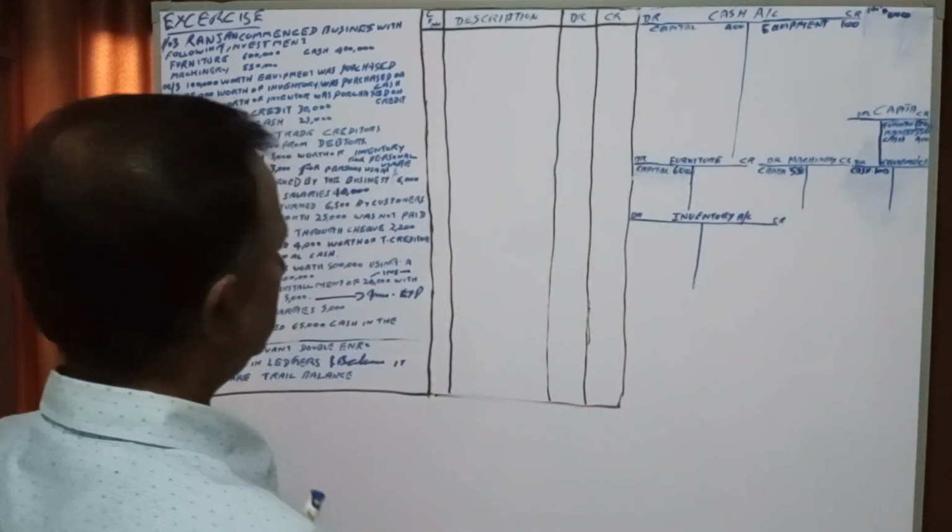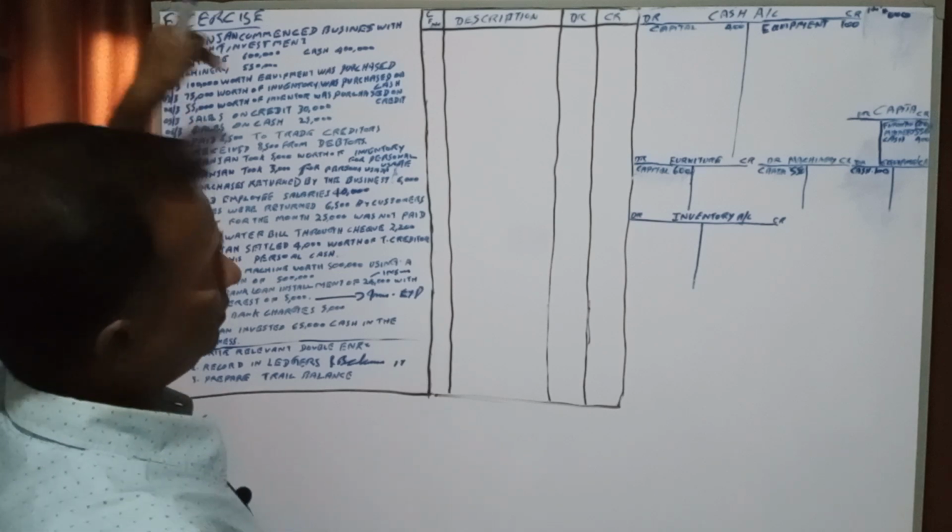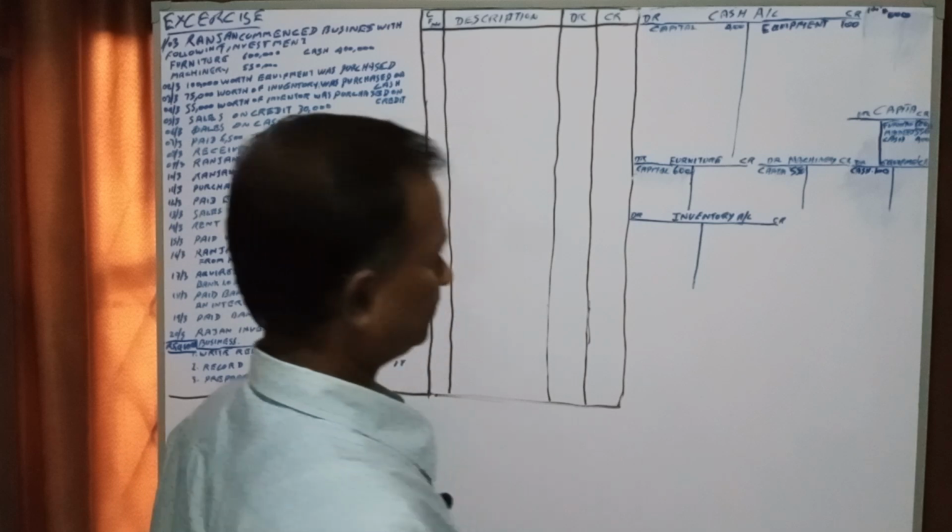You are purchasing 75,000 worth of inventory.